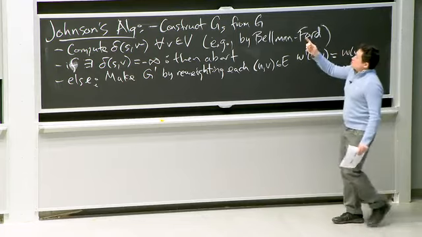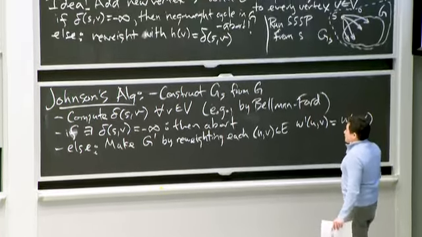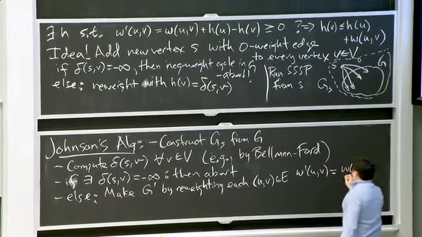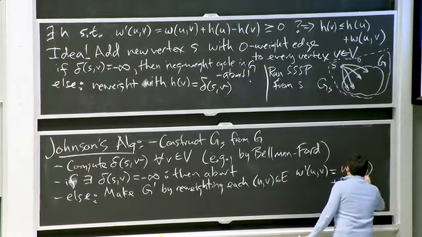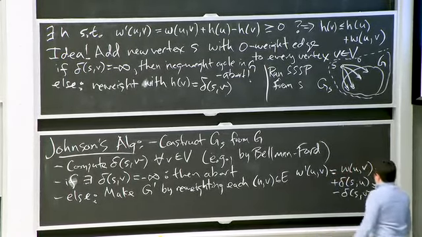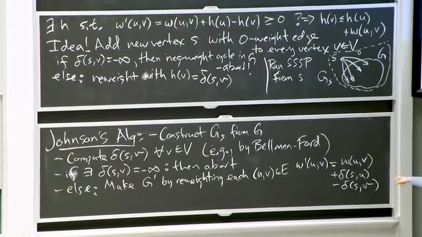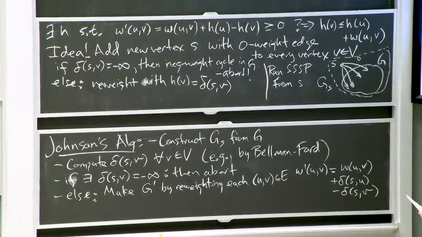Now, our transformation is going to set HV to this delta SV, right? So I'm going to add delta SU and subtract delta SV. That's our reweighting scheme. I'm just identifying HV with this shortest path distance here.